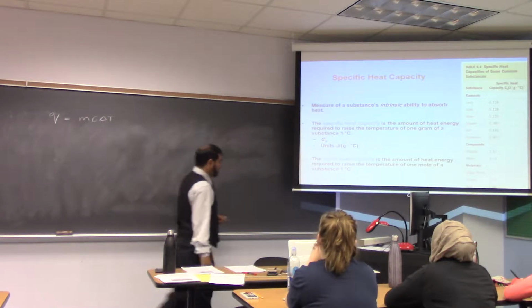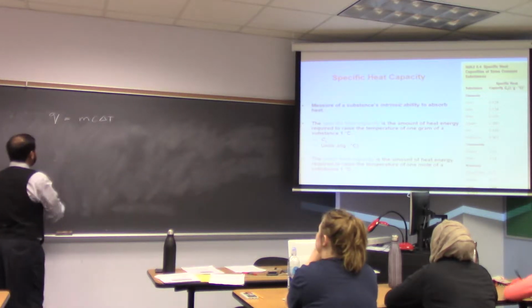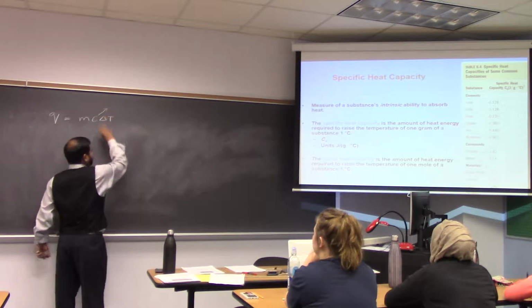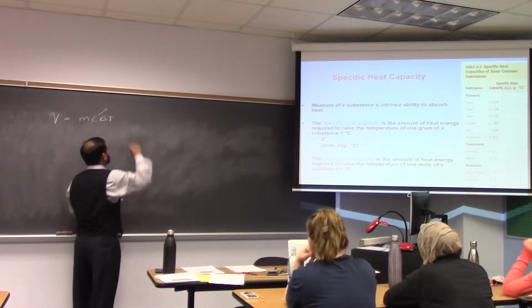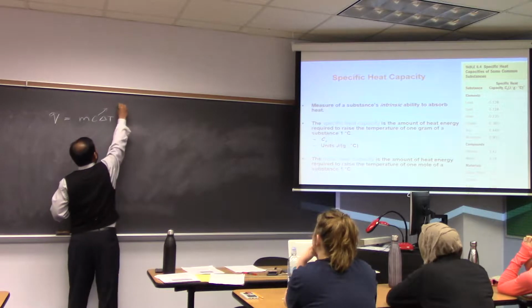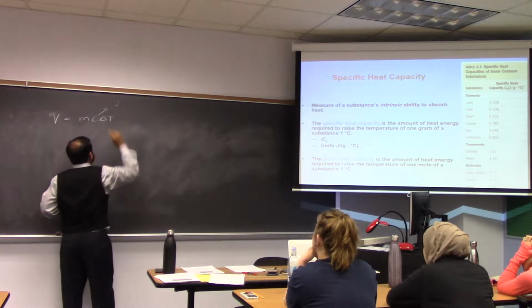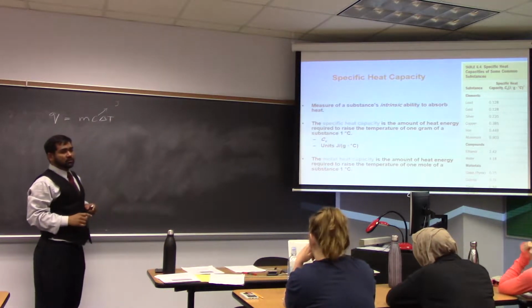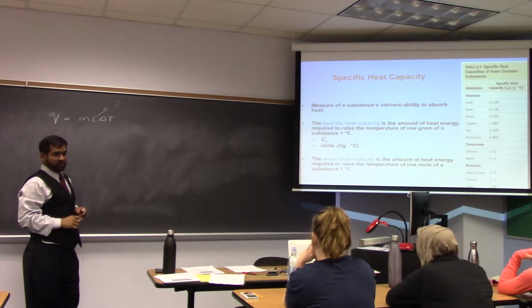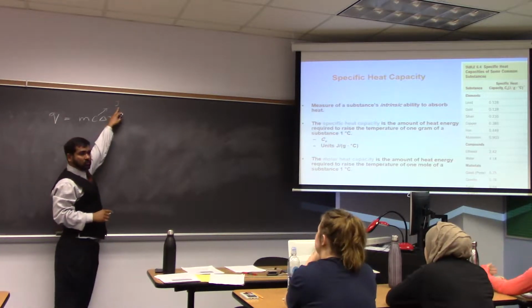So for the specific heat capacity, the unit would be, as I said, for 1 gram of substance, the amount of heat you need. Heat is energy. Energy unit is joule, right?